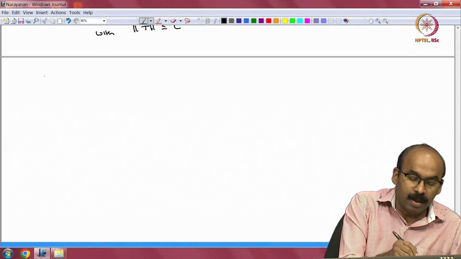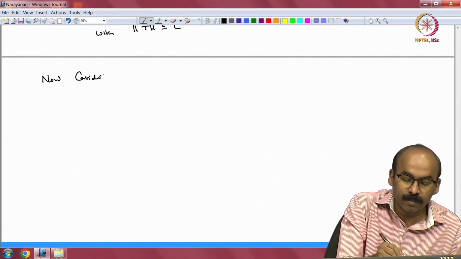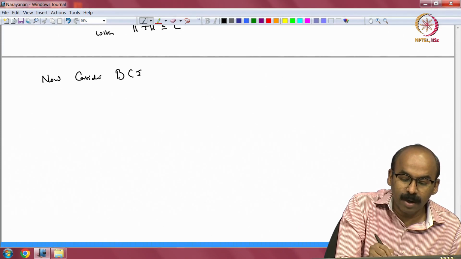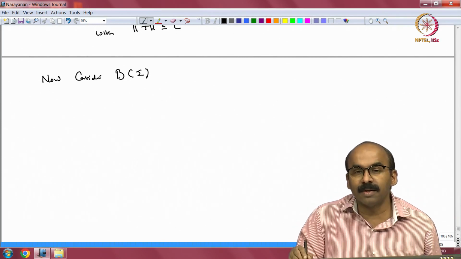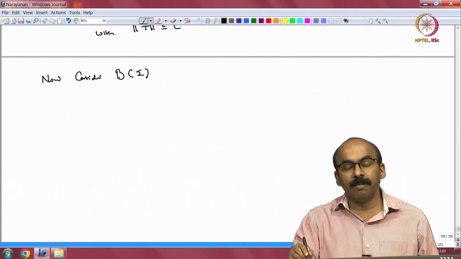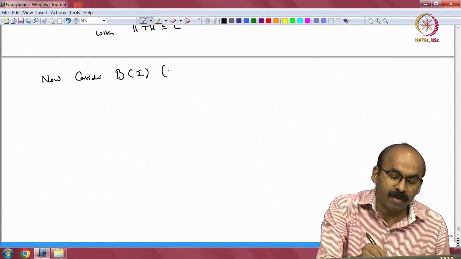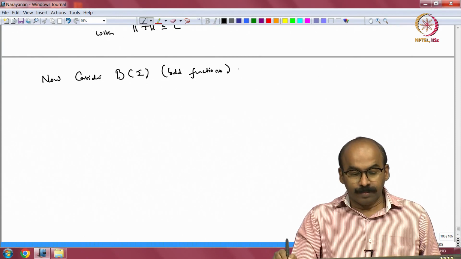Okay. So, now consider B of sigma. So, remember, when I put script B, that is the Borel sigma algebra. This is B sigma, which is bounded functions. Okay. So, I will keep repeating it so that there is no confusion.